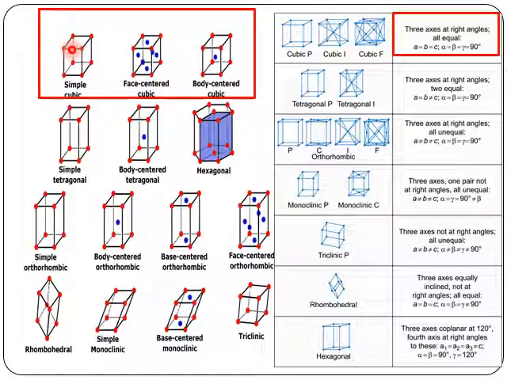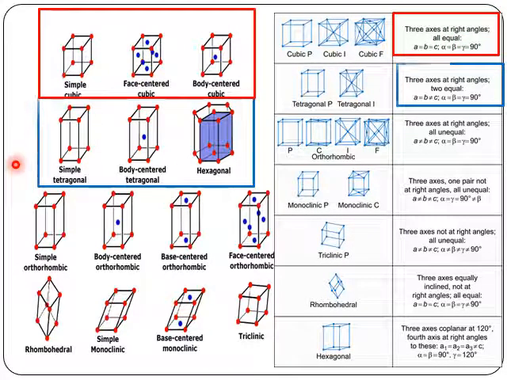The characteristic of that one is that whenever we say a cube, all the sides are equal, that is a, b, c are equal, and all the angles are 90 degrees. The second category we call tetragonal. Tetragonal means all the angles are 90 degrees, but two sides are equal and one side is not equal.